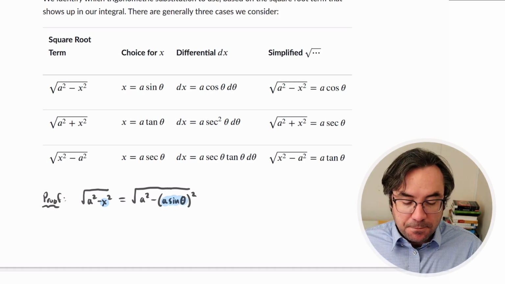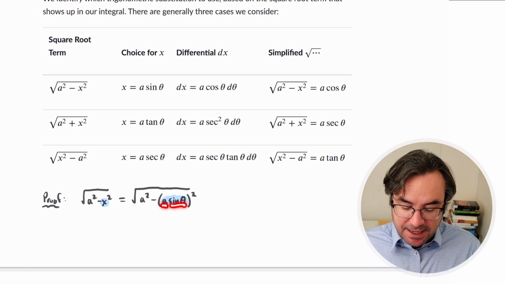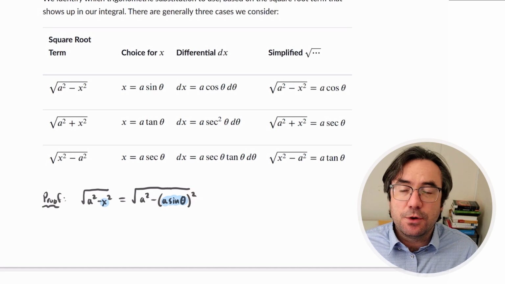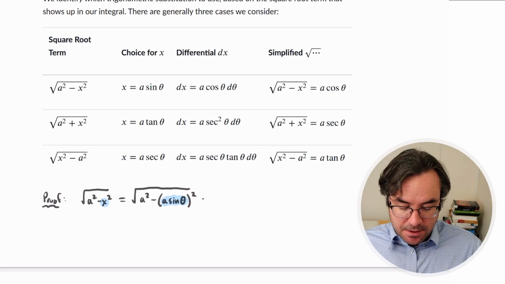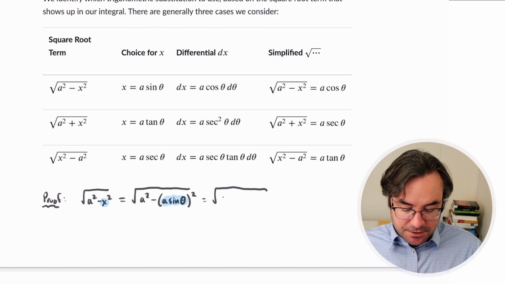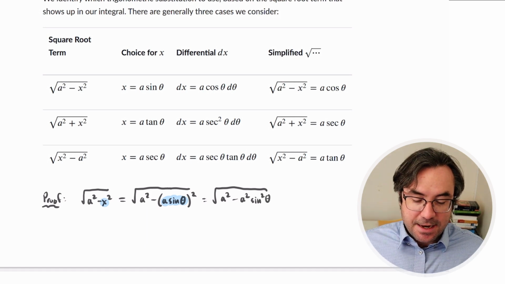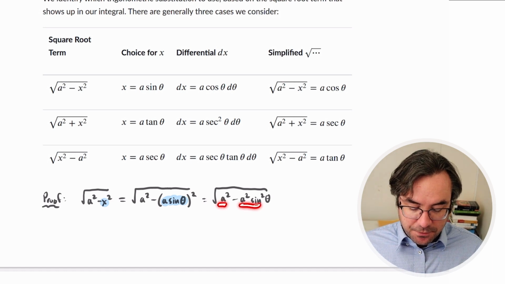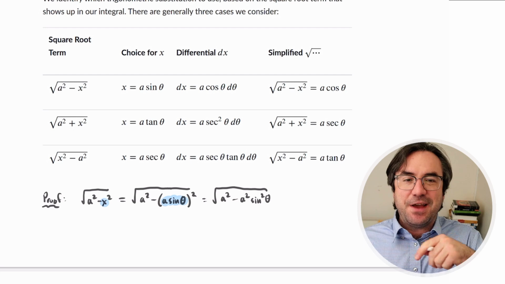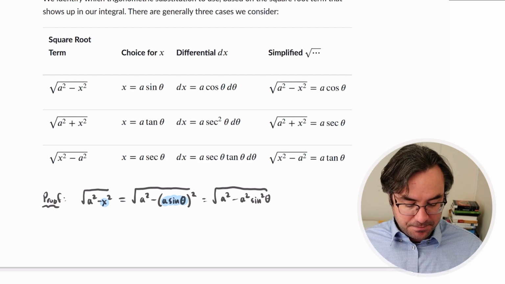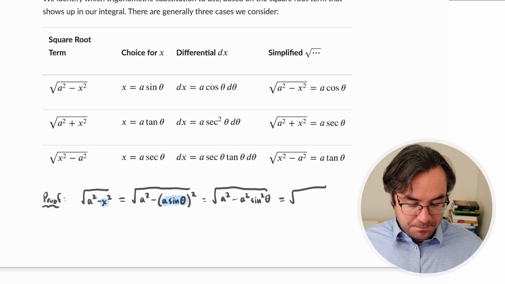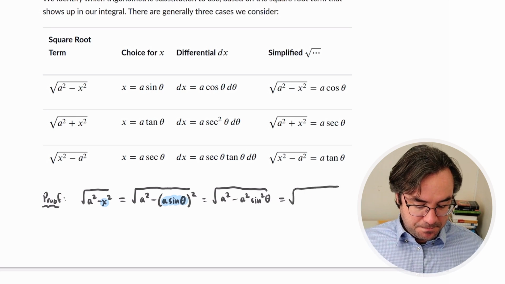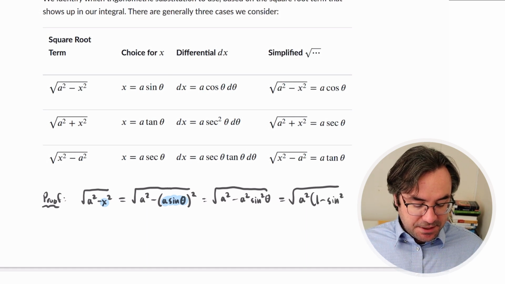We've got a constant times sine all being squared, so if we distribute the square, this becomes the square root of a squared minus a squared times sine squared. Now, underneath the square root, both of those terms have an a squared, so we can factor out an a squared term. What we have left is 1 minus sine squared.